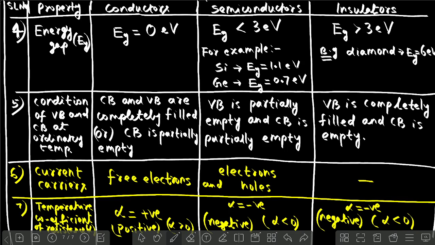Completed, all of you? Yes or no? Very good. Now the next point, listen. Eighth point. Shall I go next? Did you complete? The seventh point is temperature coefficient of resistance. Symbol is alpha.